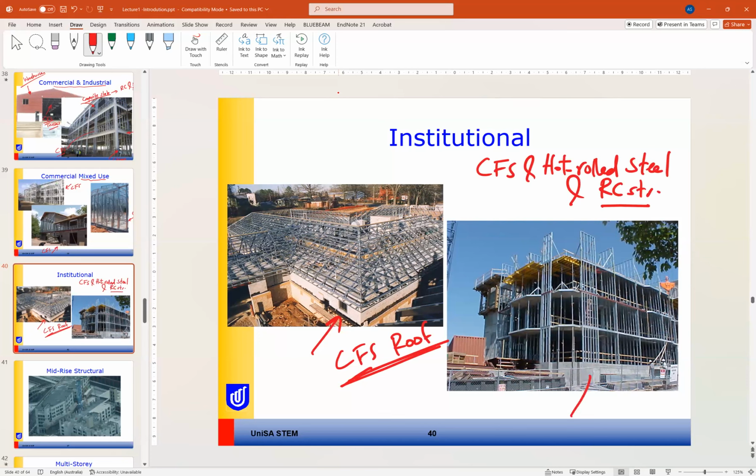As you can see, what is this? Can you see the slab? Is the slab from steel or from concrete? What do you think? It's from concrete.